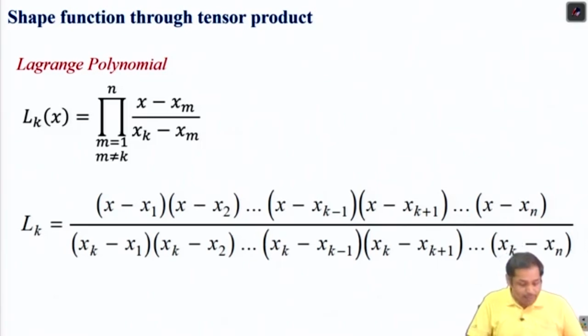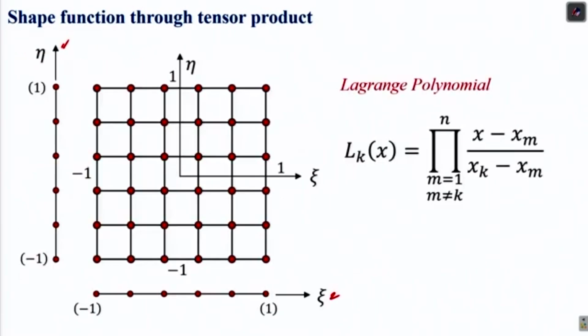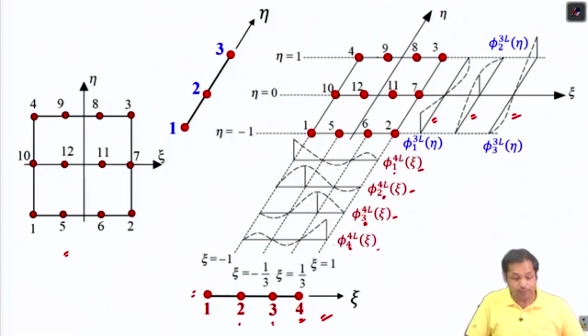So n is the number of points you have in the element. For instance, in this case, we need to write the polynomial for this Lagrange interpolation. For this, n will be 6. Similarly, in this case n will be 6. If we go back, for this element we have 4 nodes.